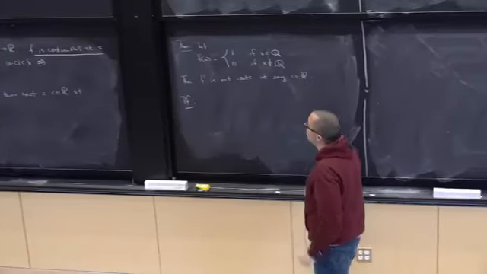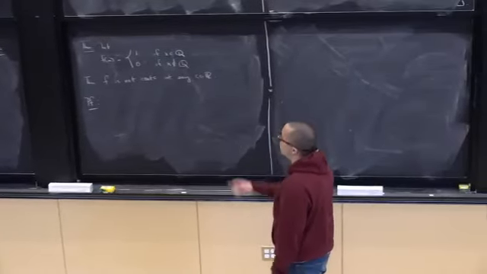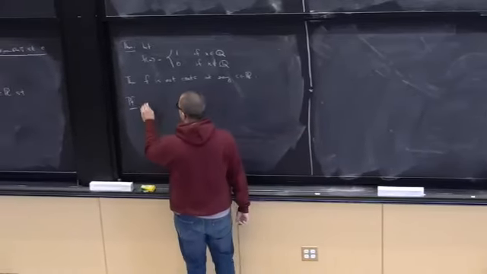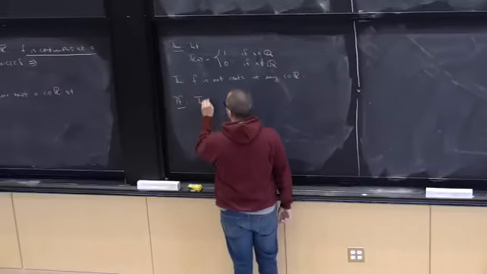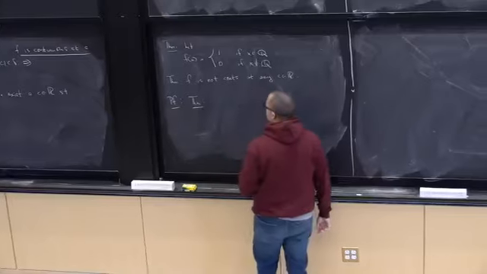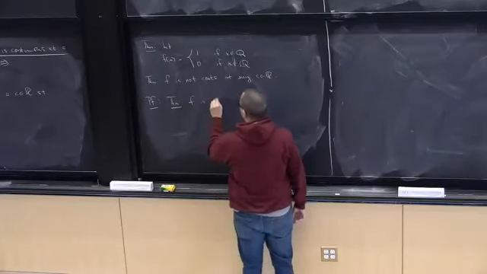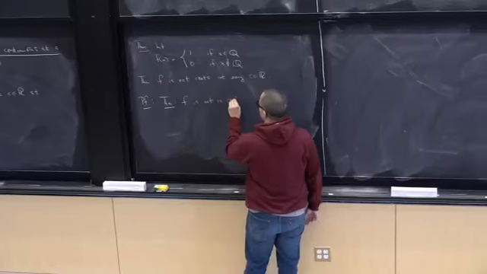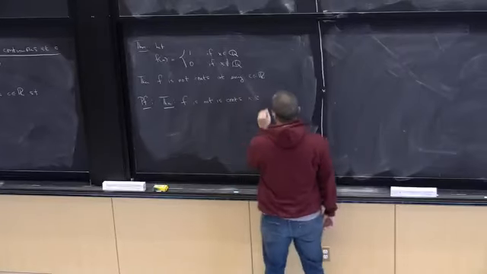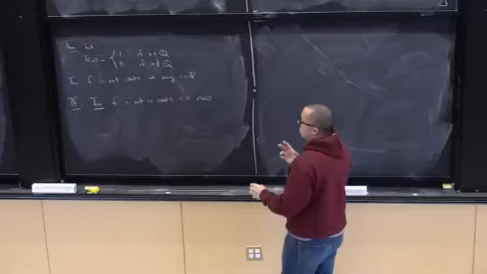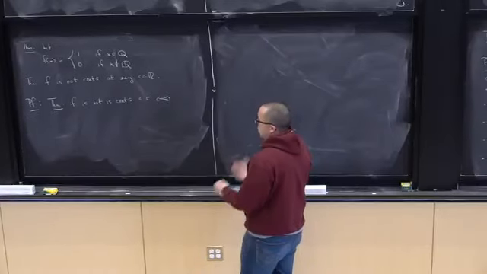A different way, if you like, to state the theorem which I've already erased, let me just state it slightly differently. f is not continuous at c. So remember, two statements are equivalent if and only if their negations are equivalent.